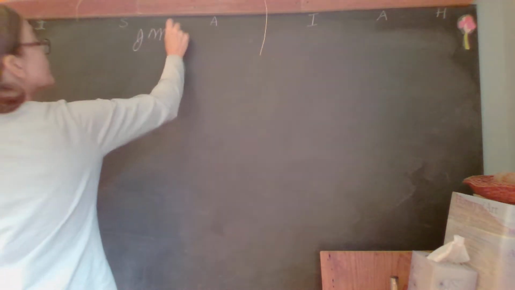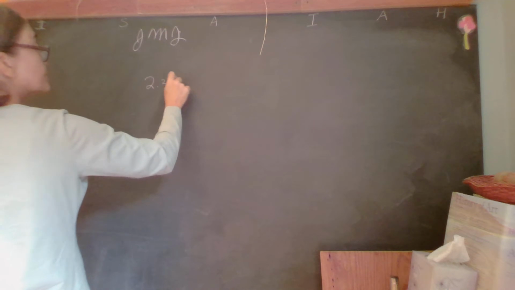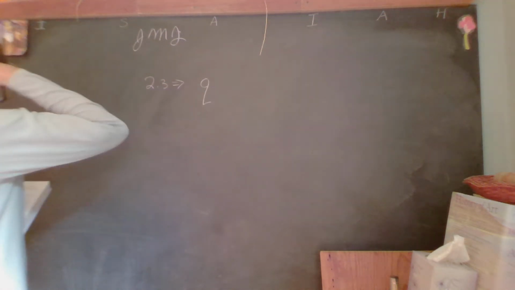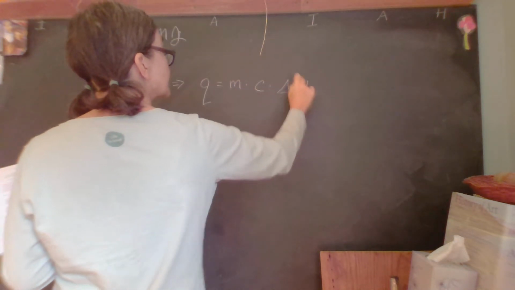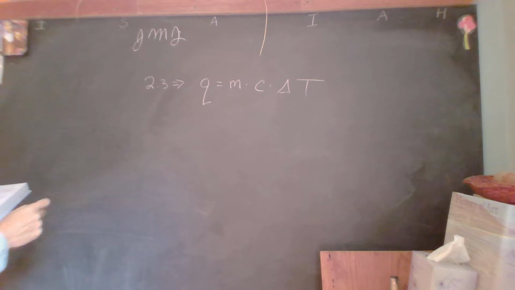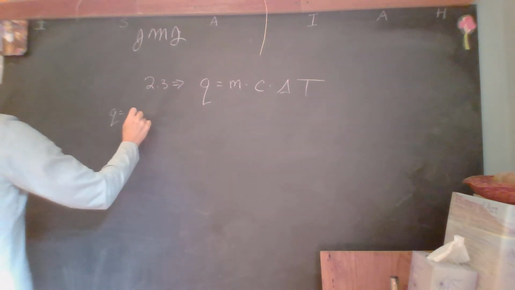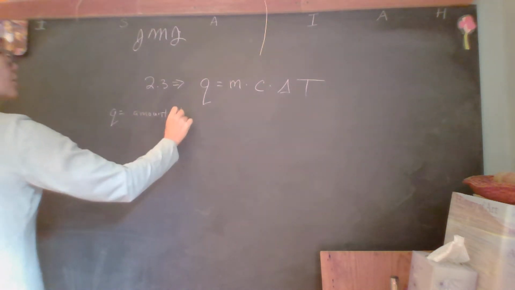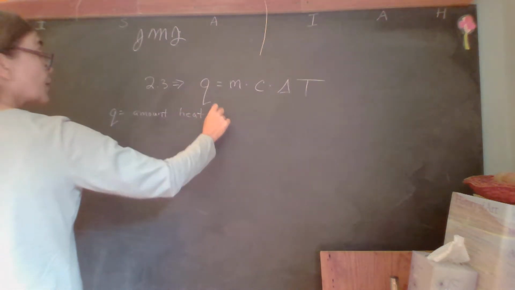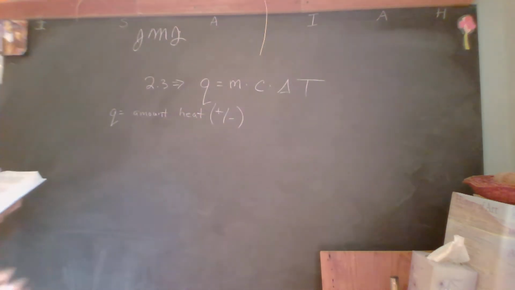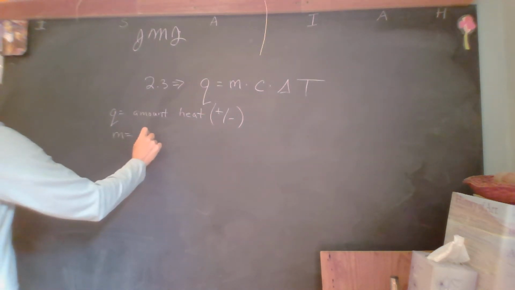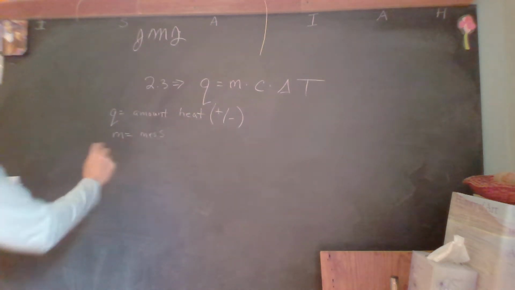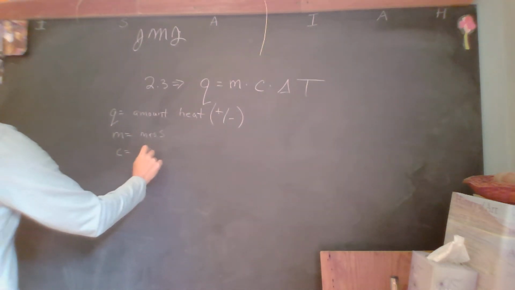Equation 2.3 says Q equals M times C times delta T. Q is the amount of heat absorbed or released, and it can be positive or negative depending on whether heat is absorbed or released. M is the mass of the object we're talking about. C is the specific heat.